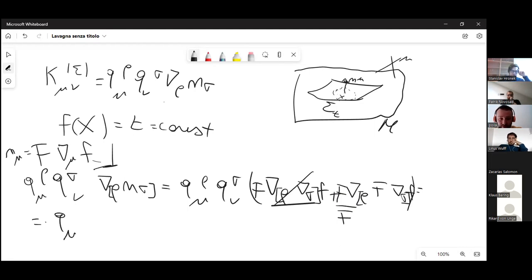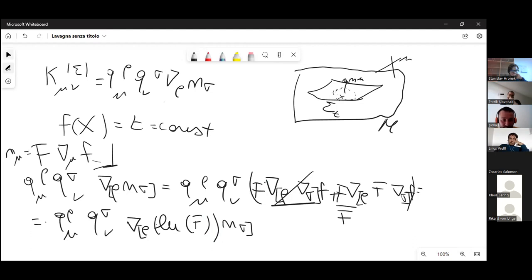So here it will be just this, as you understood, I guess. This nabla is applied only on this, and the remaining is n sigma, in the antisymmetrization.